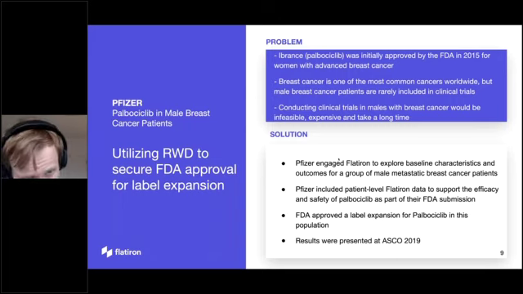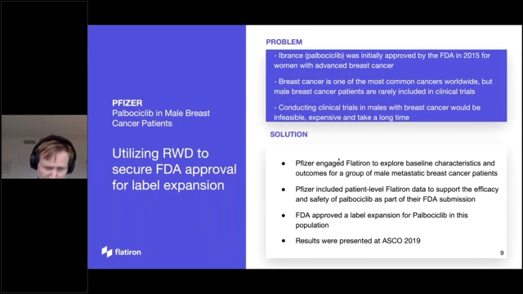So we engaged Pfizer to explore these baseline characteristics and outcomes for a group of male metastatic breast cancer patients. And Pfizer included patient-level data to support the efficacy, looking at response and other variables, as well as the safety, so looking at really detailed adverse events for palbociclib as part of their FDA submission.